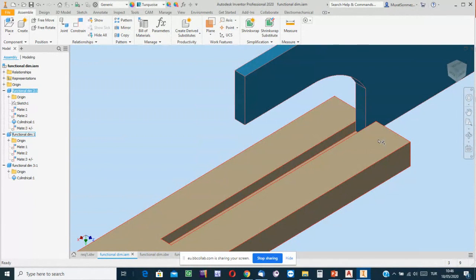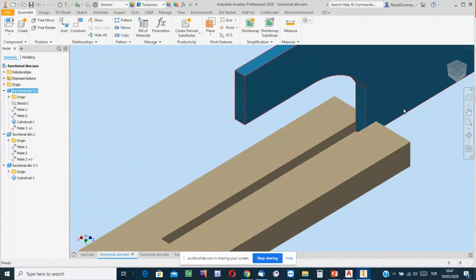These are decided by the designer regarding the function of the object, and also the expectations or demands of the customer. In this example, the width of this channel, the gray colored object, is functional.